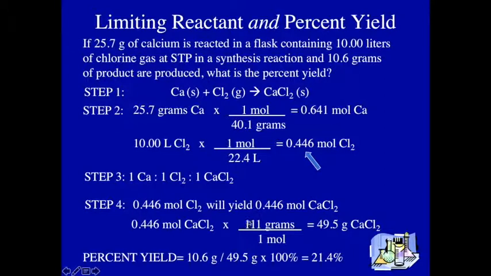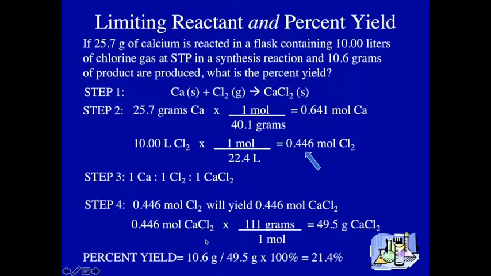I take those moles of calcium chloride product, I multiply it by the gram molar mass of calcium chloride over 1 mole, so my moles cancel out. I get 49.5 grams of calcium chloride. What I was told in the problem itself is that 10.6 grams of product are made.